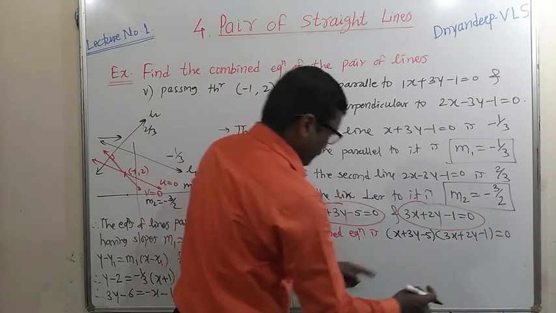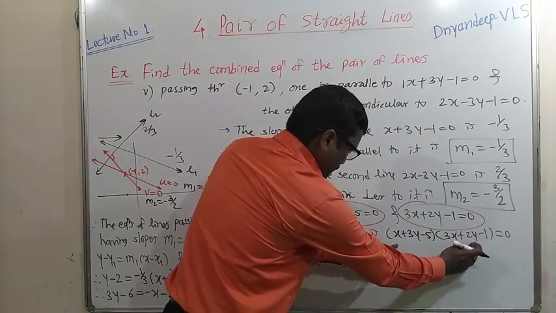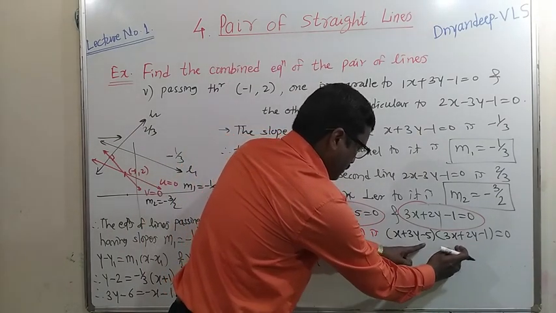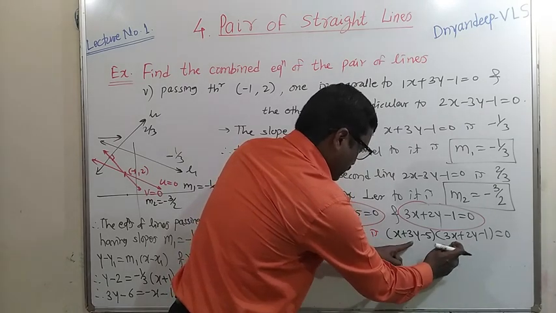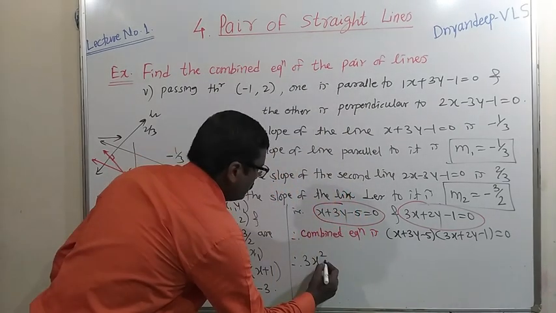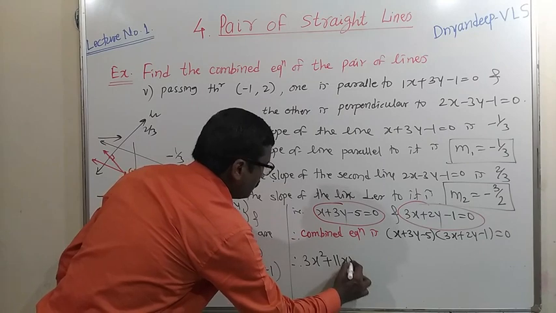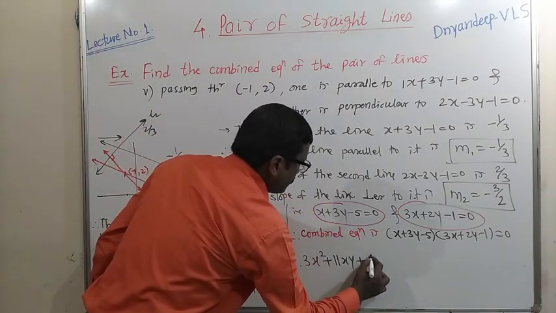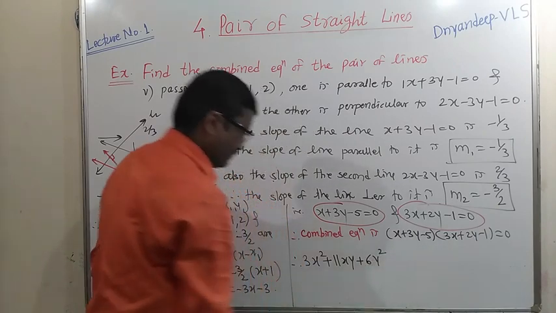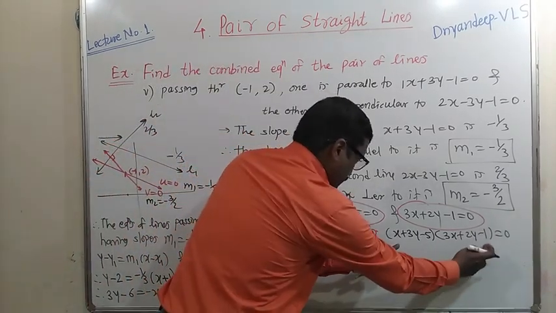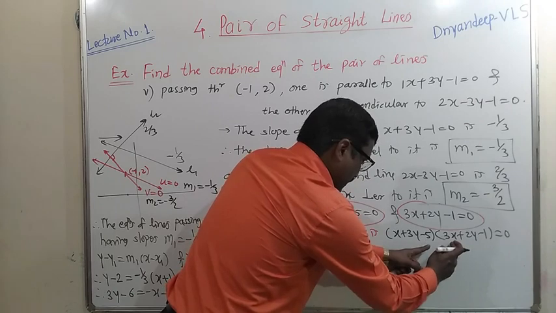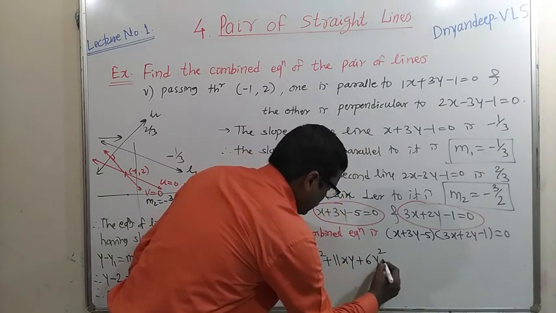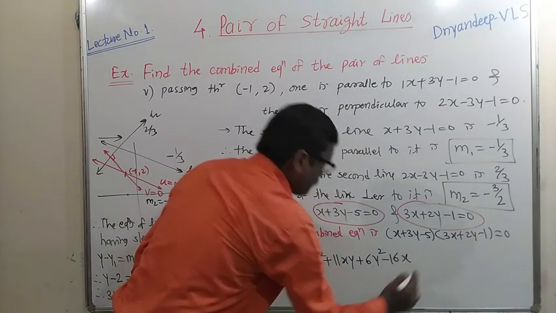Then the xy term can be obtained by 2xy plus 9xy, so plus 11xy. Then 3y into 2y, that is 6y square. Then the x terms, minus x and minus 15x, that is minus 16x.